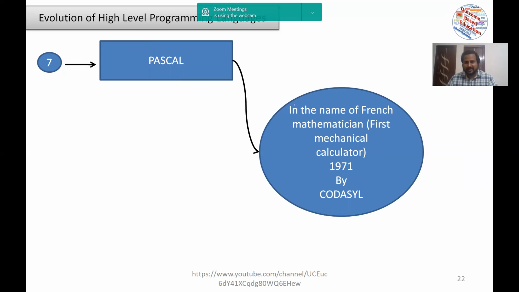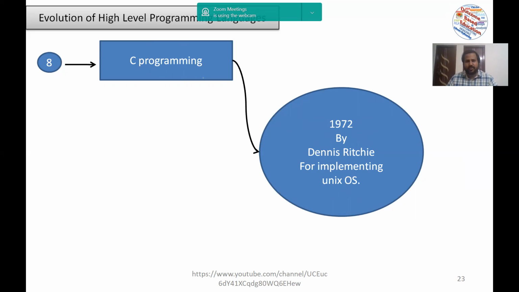Next Pascal. Named after the French mathematician, the Pascal programming language evolved for mathematical operations. In 1971 it was developed. And C programming is a very well-known programming language, and it became a basic programming language to learn any kind of programming language, because the control statements and conditional statements in C are very relevant to our daily routine language.